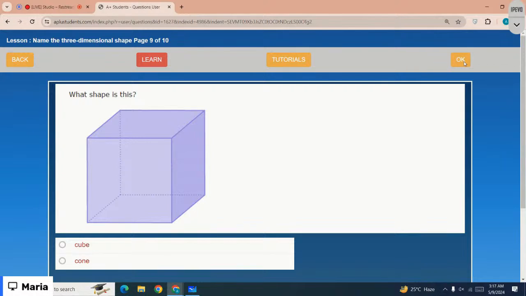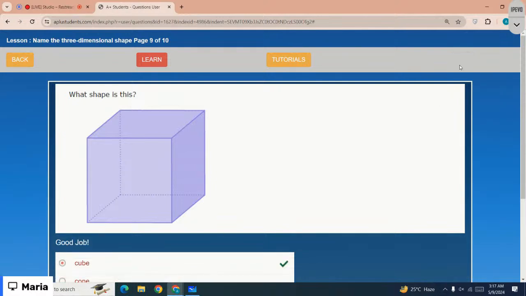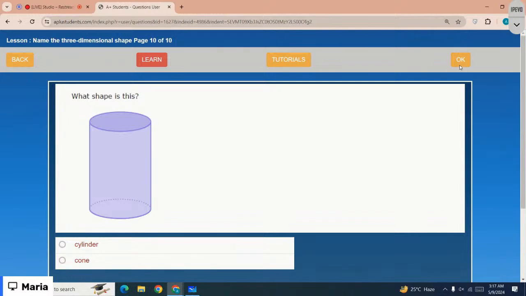Which is the correct option? Cube it is. The correct option is cube. What shape is this?